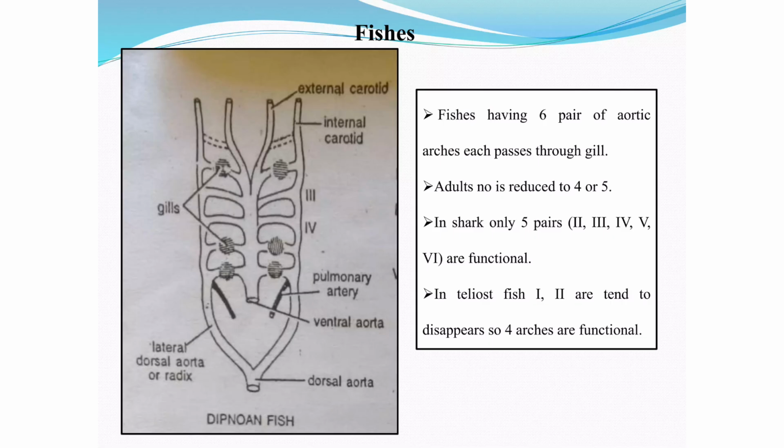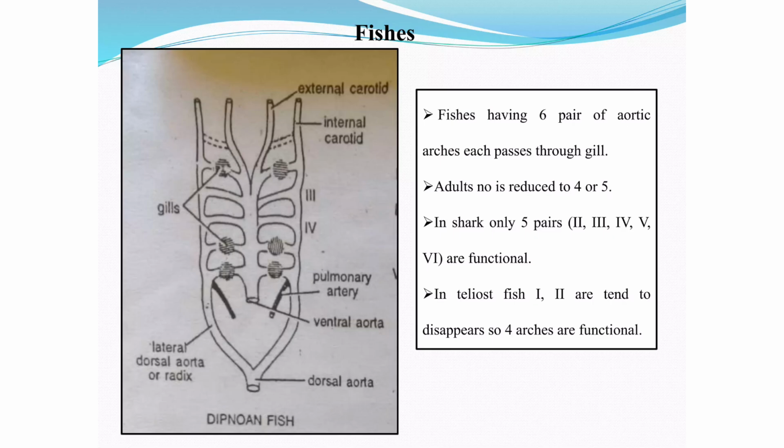Modifications of aortic arches. The main difference in the arterial system of vertebrates is the change in the number of aortic arches. In lower chordates, the number of aortic arches is more. In higher vertebrates, the number of aortic arches is less.